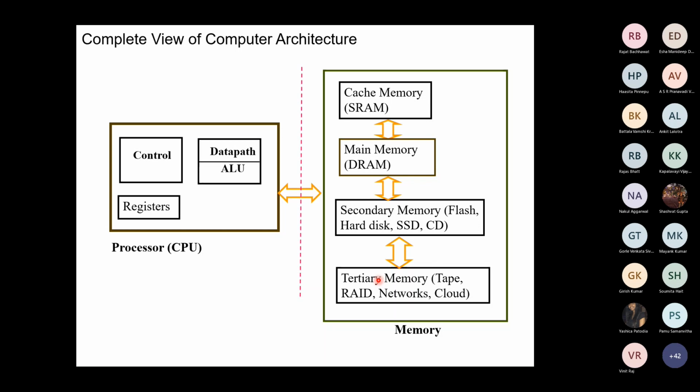So you have cache memory, main memory, secondary memory, tertiary memory, and so on. Now please tell me, how do I access a hard disk? What are the basic steps you need to follow? Suppose I supply an address, how do I access my file from the hard disk? What kind of procedure is involved?